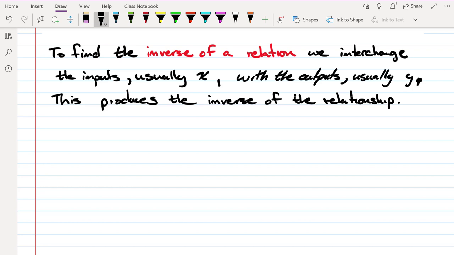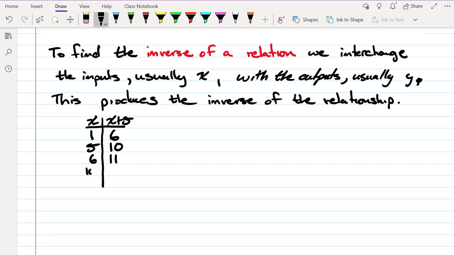So, for example, before we do the ones that are on our handouts, if we had the following t-table, x, and our relationship was to add 5: if I use the input 1, well, 1 plus 5 gives me 6. If I put in 5, 5 plus 5 gives me 10. If I put in 6, 6 plus 5 gives me 11.